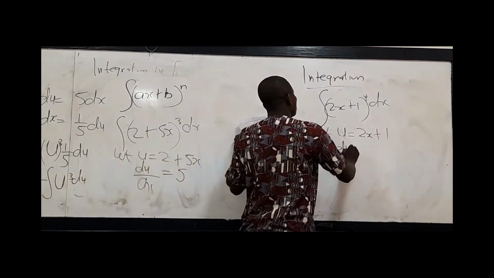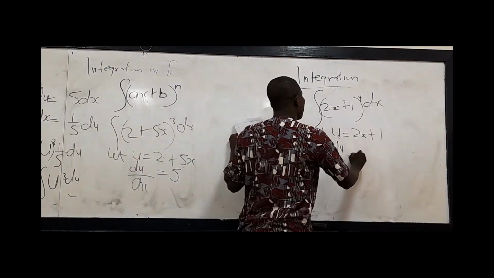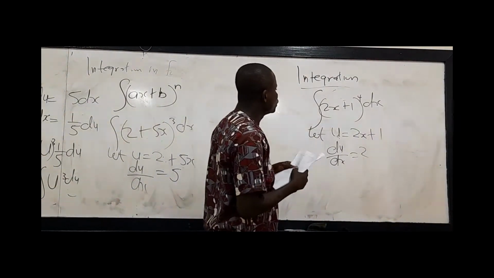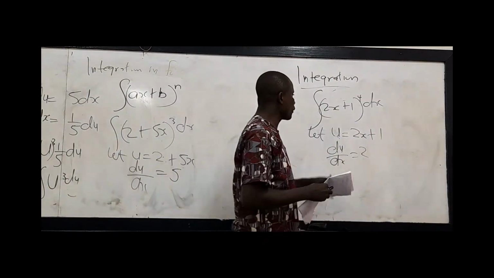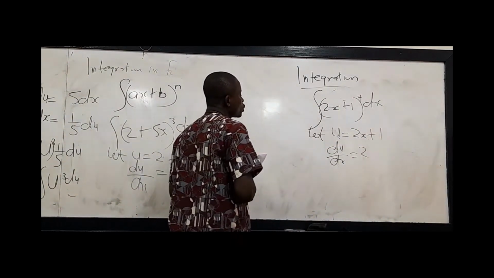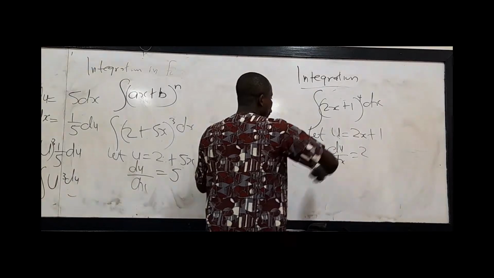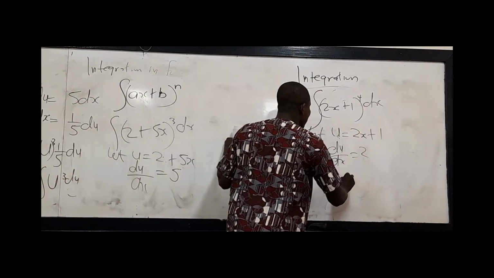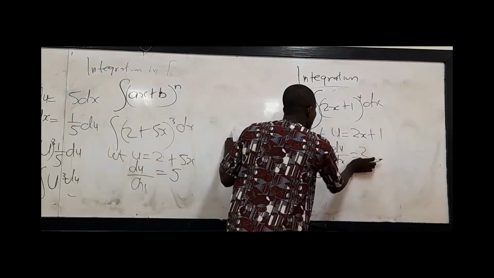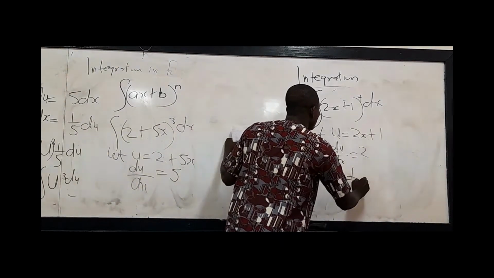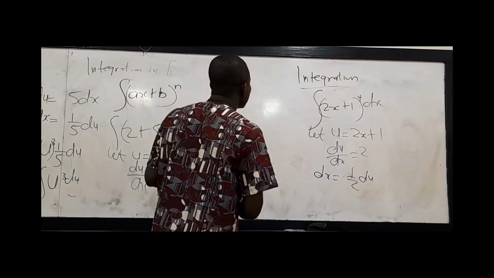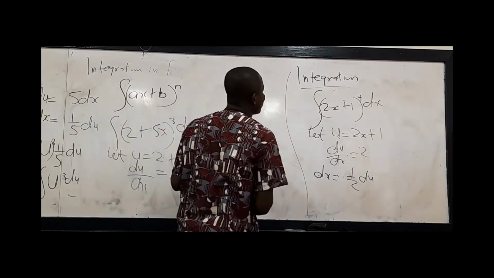So du dx is equal to 2. We are trying to get rid of this dx and rather have du. So by swapping it, dx becomes 1 over 2 du. I'm going to replace this over there.